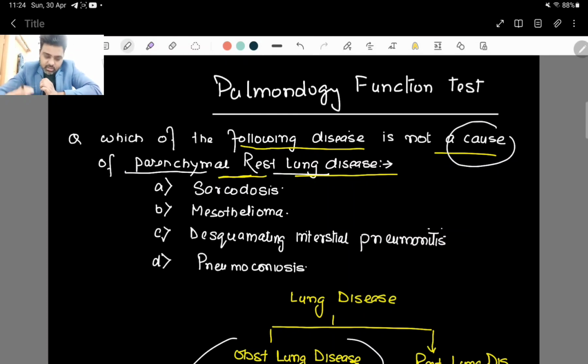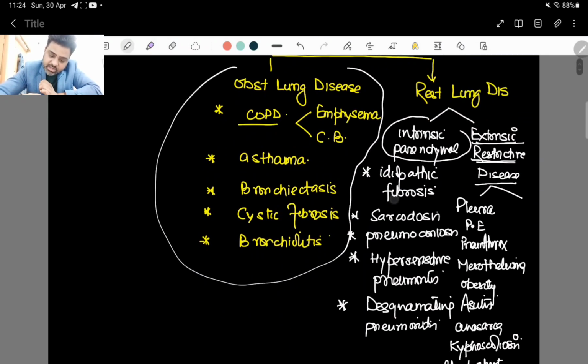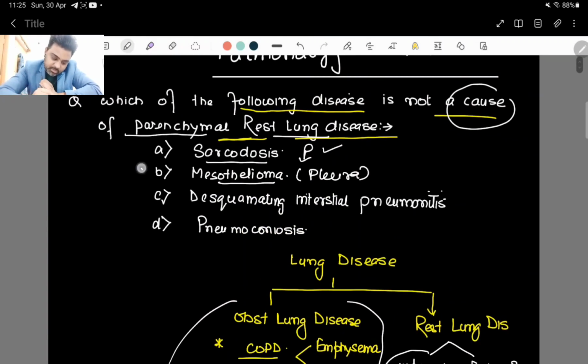That means we have to find the cause which is not parenchymal. We know that sarcoidosis is parenchymal. Mesothelioma arises from the pleura, and we have just seen it is a cause of extrinsic restrictive disease, that is extraparenchymal. So this will be the answer.